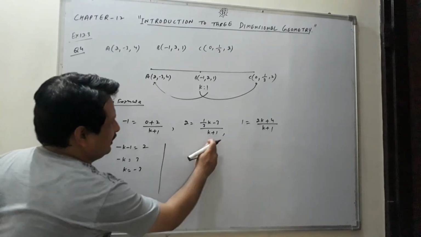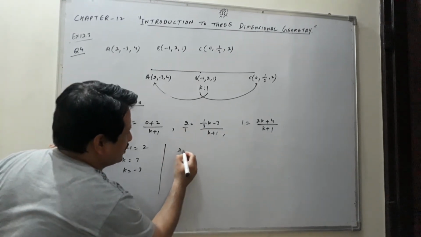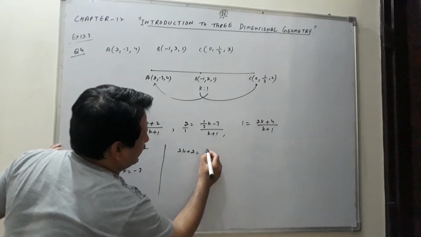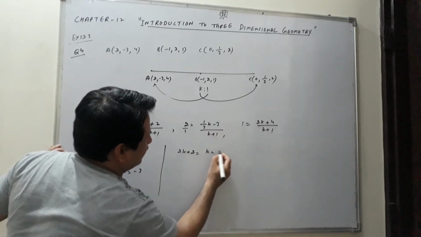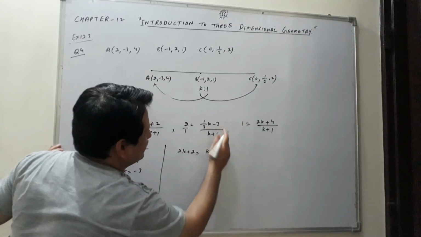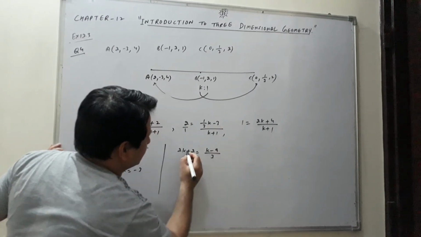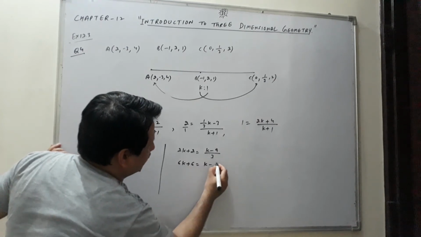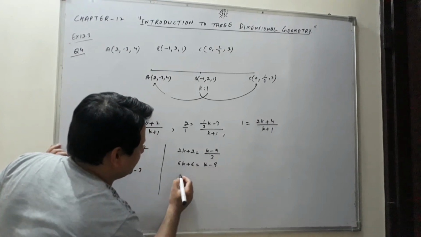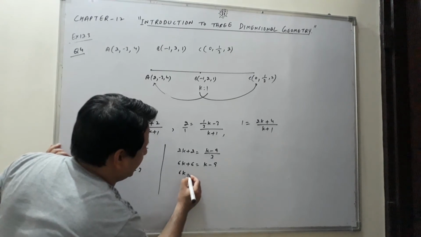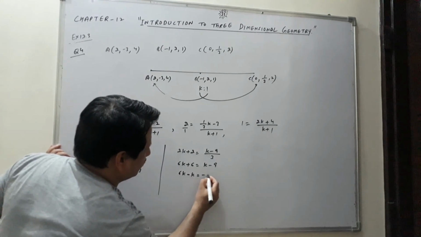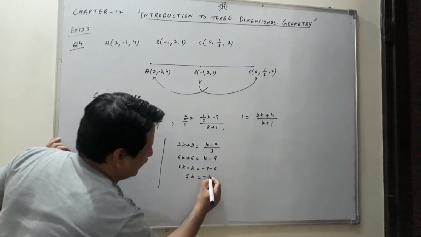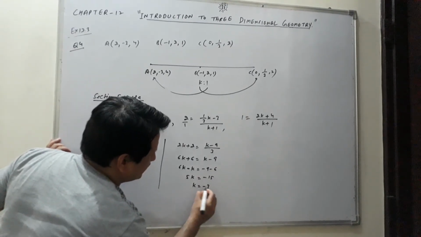Now come to the second one. Cross multiply: 2k plus 2 is equal to 1/3 (k minus 3), taking the LCM, 3 times 3 is 9 by 3. Or we can say 6k plus 6 equals k minus 9. Shifting k here, 6k minus k equals -9 minus 6, so 5k equals -15, and k comes as -3.